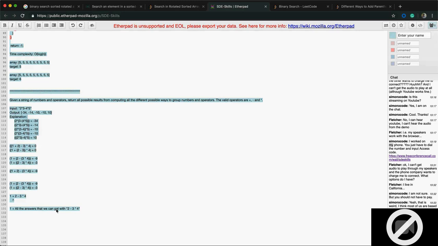So we are trying to solve the string recursively. If we take only the remaining string, 2 minus 3 into 4, what can be all the different combinations here?